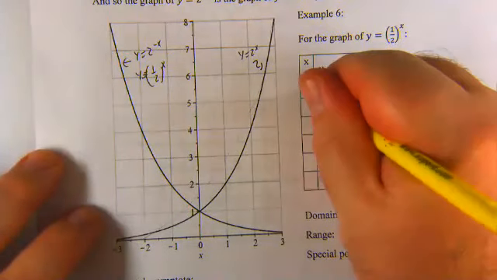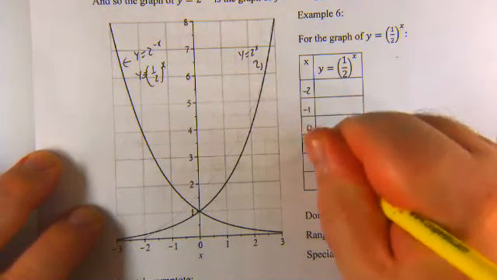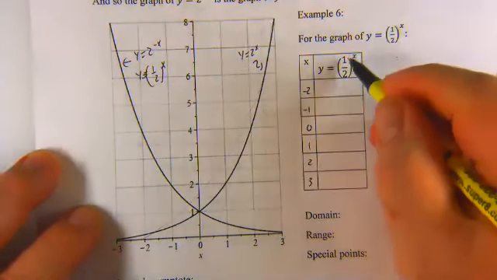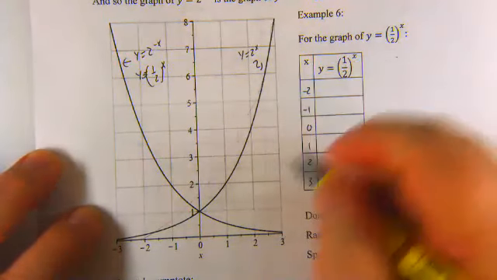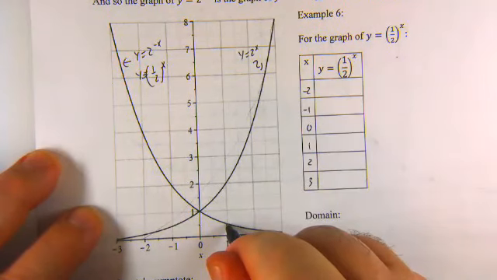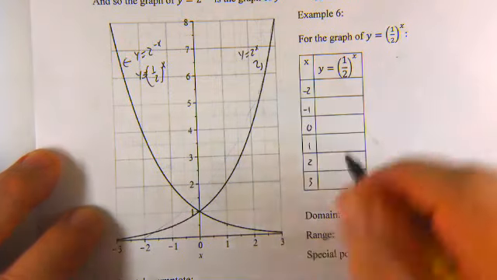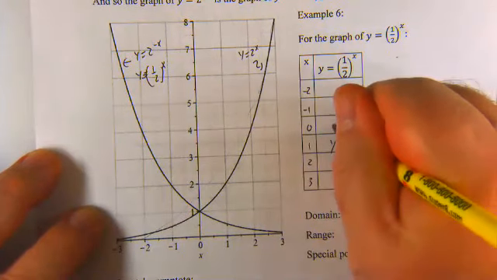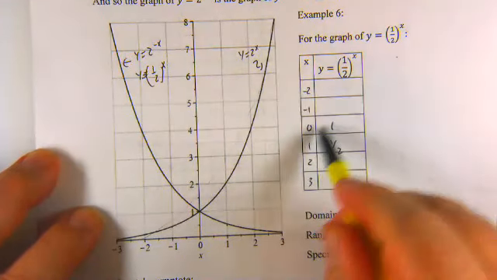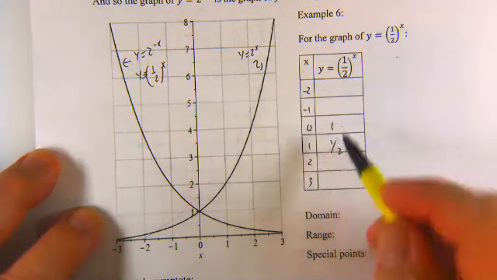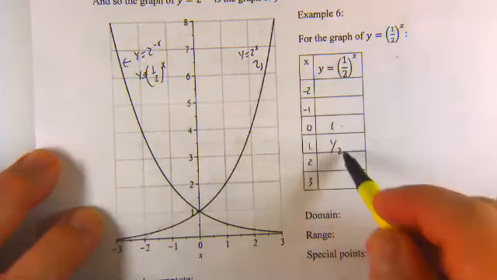So, right, 1/2 to the x, well, if x is 1, that's 1/2. This is 1. No matter what the base is, base to the 0 is 1. Base to the 1 is whatever the base is.